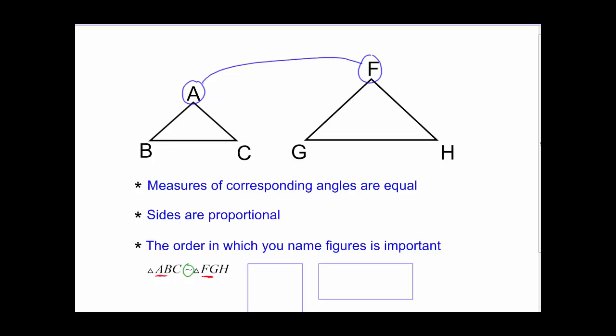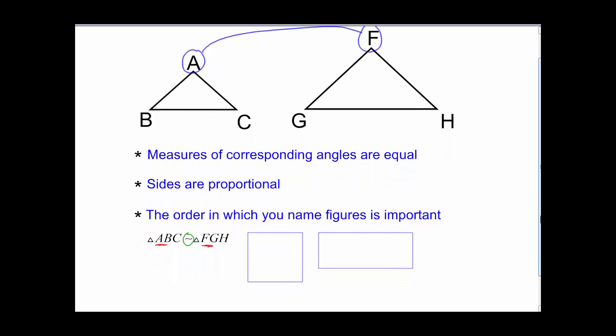If I start with B and I said BCA, then I would have to name the other triangle, hopefully you said GHF. If triangles are similar, angle A is congruent to angle F, angle B is congruent to angle G, and angle C is congruent to angle H.